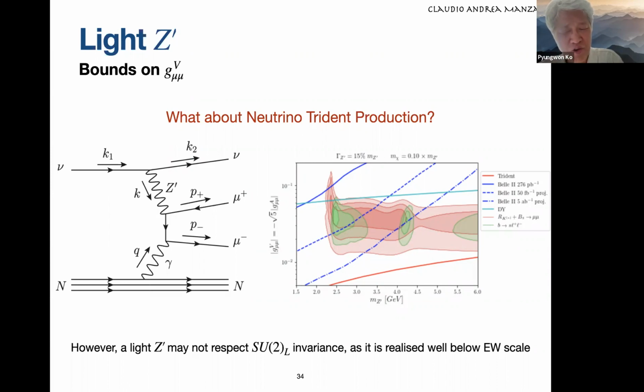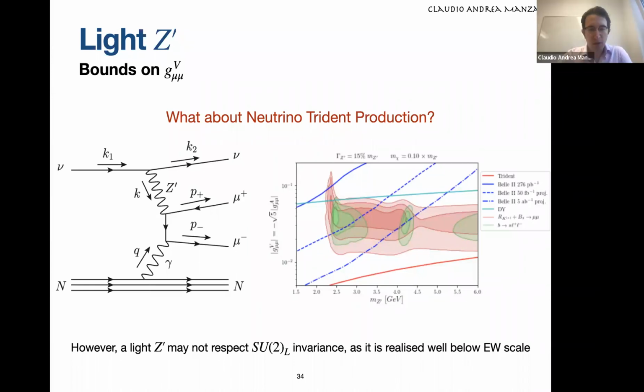When you extend your model to the standard model plus extra U1, I guess you still assume the standard model is chiral. You're absolutely right.